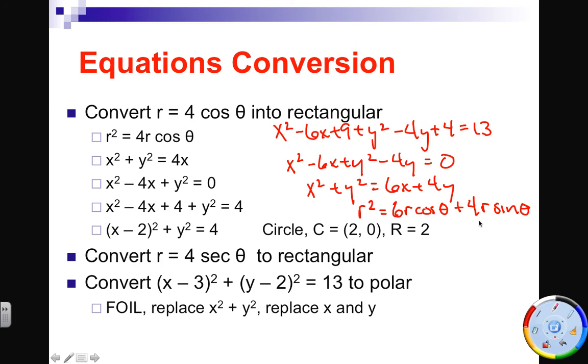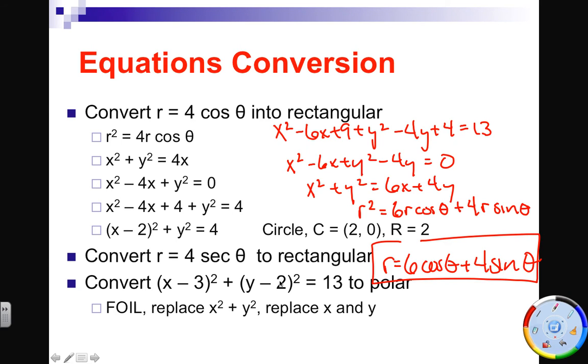And then I can divide both sides by r. Don't take the square root. This tells me that r is 6 cosine theta plus 4 sine theta. And again, that is super cool because this is a circle with center (3, 2), with a radius of root 13, written in a much, much simpler form in polar mode.